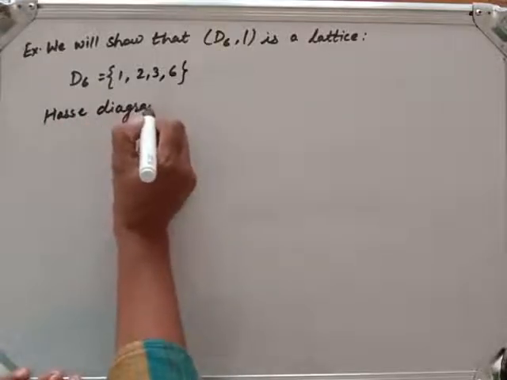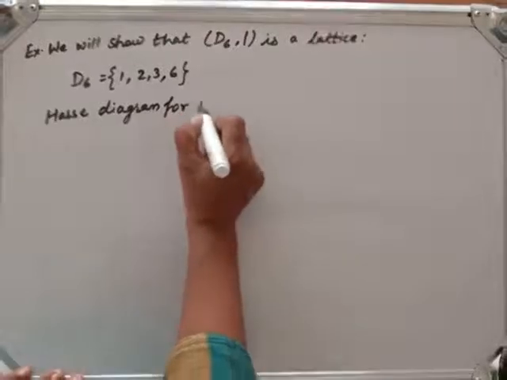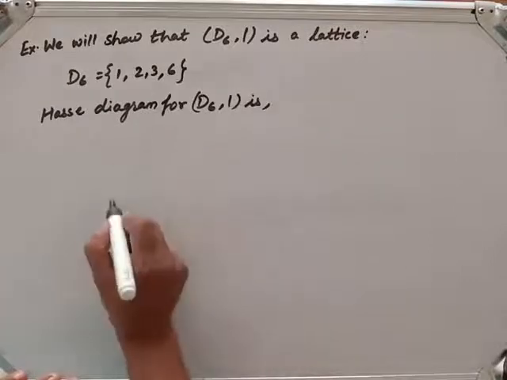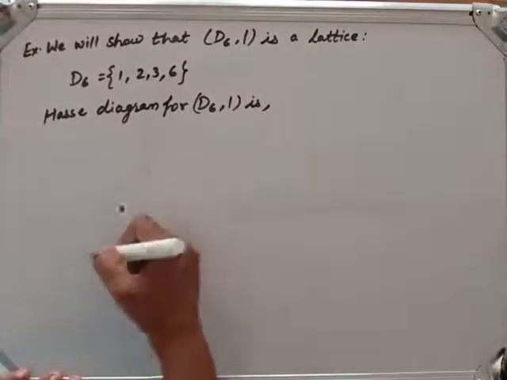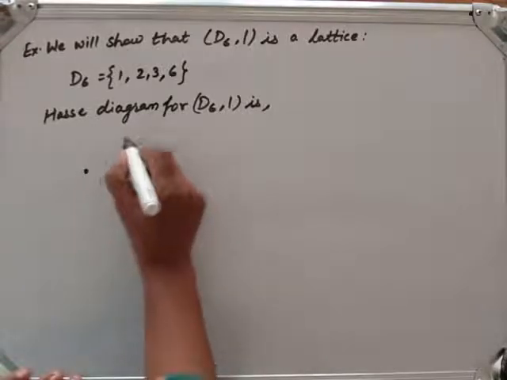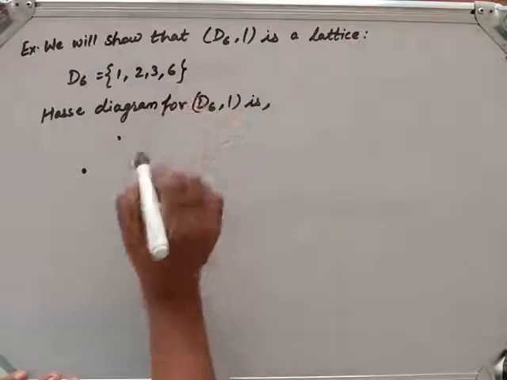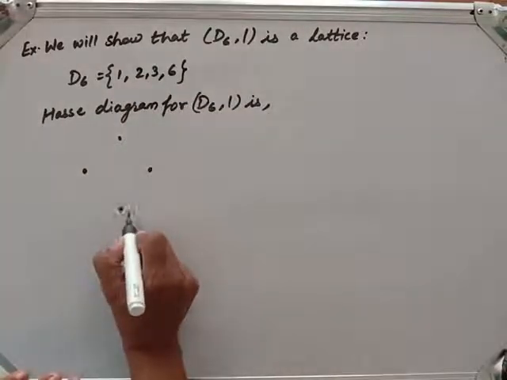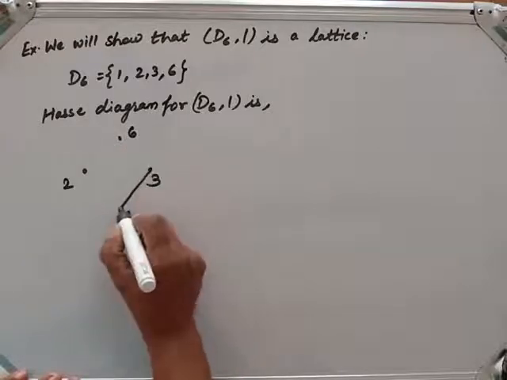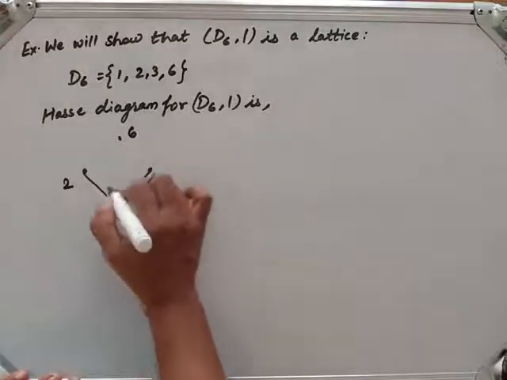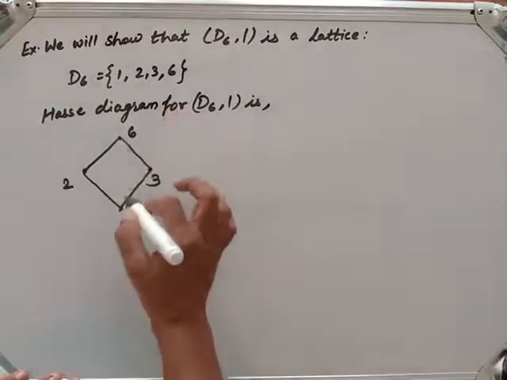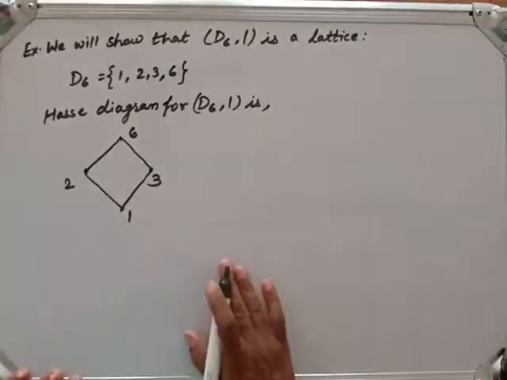Look at 1, the minimal element, then 2, 3 and 6. 2 is related to 6, 3 is related to 6. 1 is related to 3, 2 and 6, but by transitivity we won't show it. This is the Hasse diagram for it.